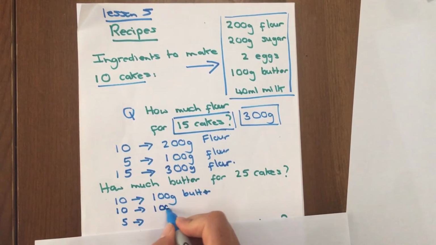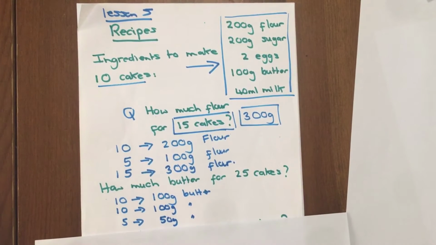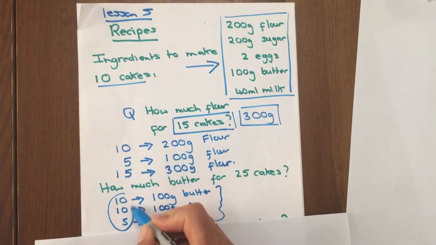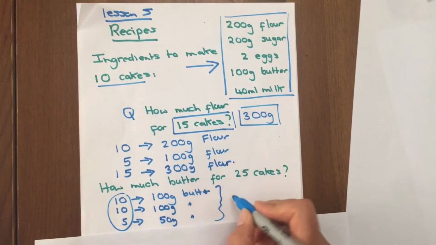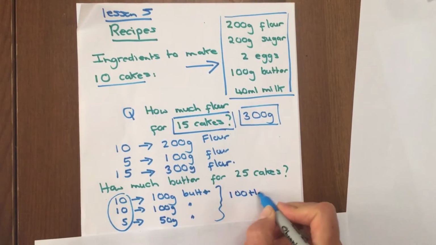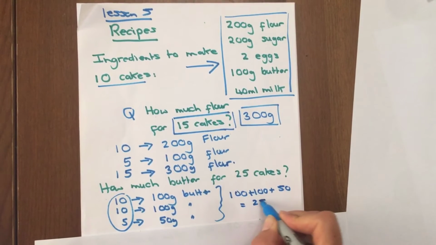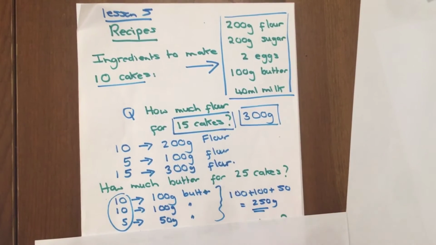So I need another 100 grams of butter and half of that for 5 cakes. So if I add all this together, I get enough for 25 cakes. So 100, add 100, add 50, will give me 250 grams of butter.